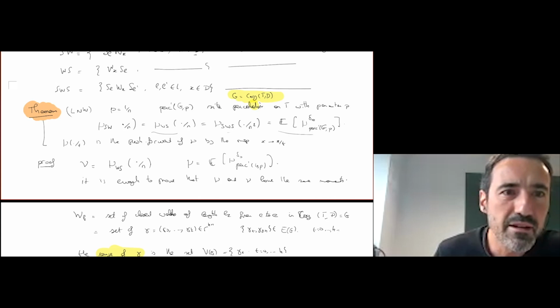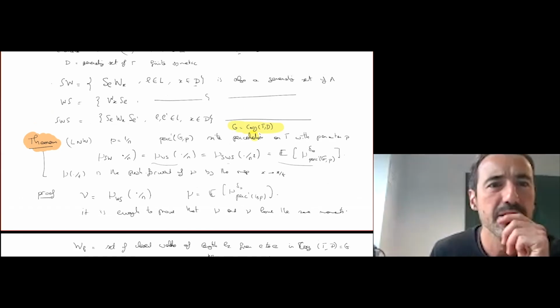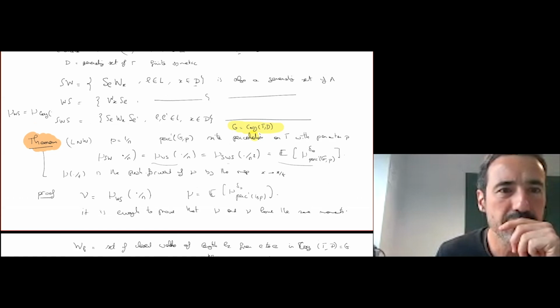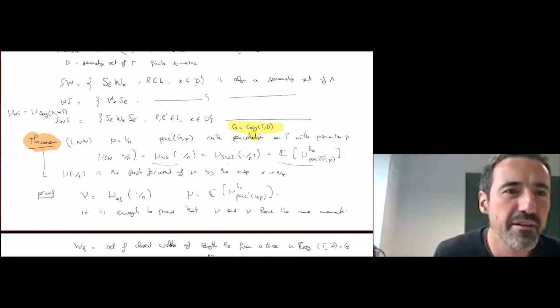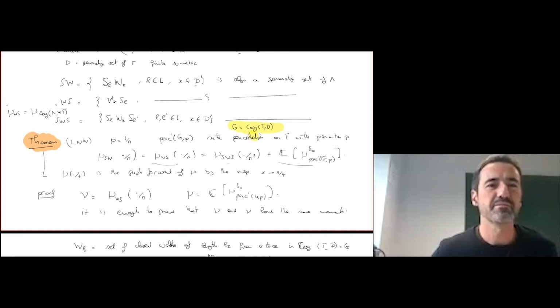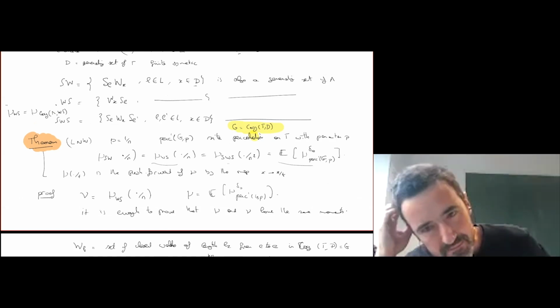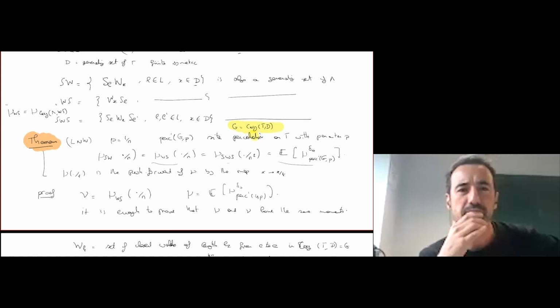So maybe what I should do is I should probably define more: mu of the Cayley graph of lambda with this generating set. Will you be happy? Yeah. So it's much shorter. Okay. Thank you.